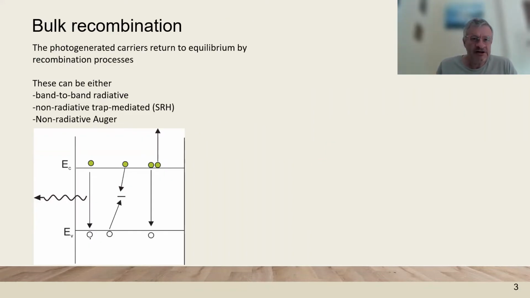We discuss first the bulk recombination, and here we have the radiative one, which cannot be removed. Then there is Shockley-Read-Hall recombination at intermediate levels, and there is non-radiative Auger, which is a collision when the density of carriers is high.